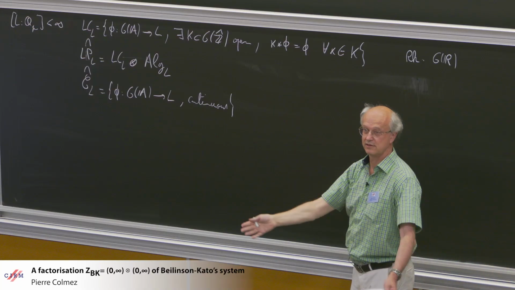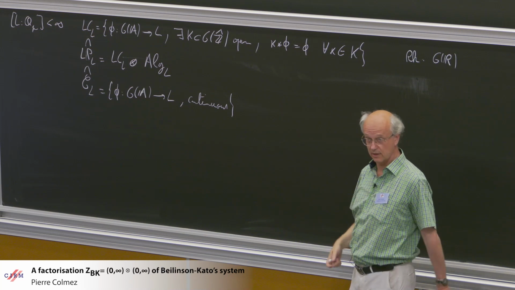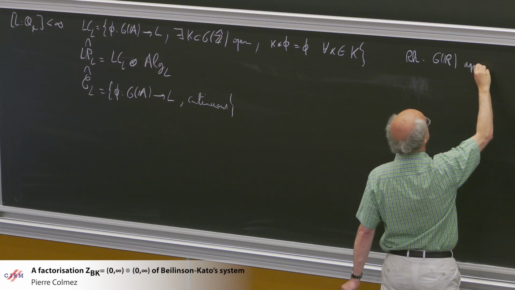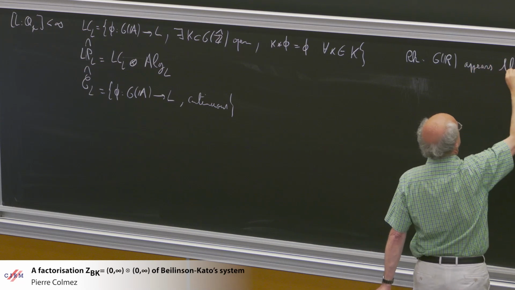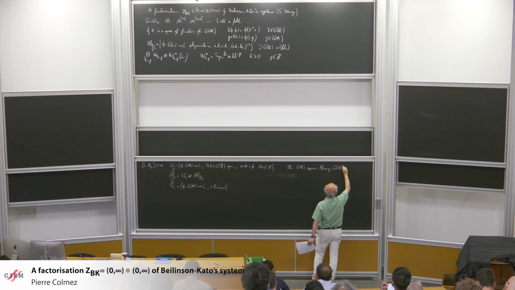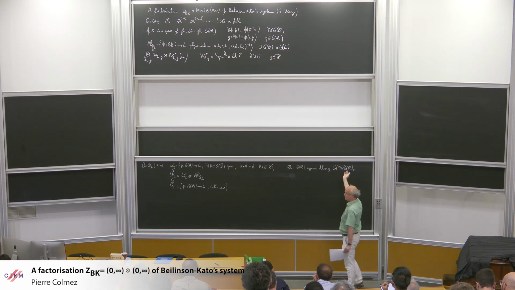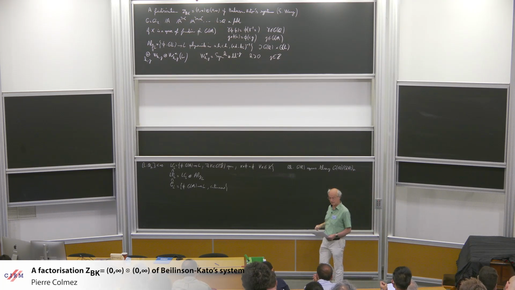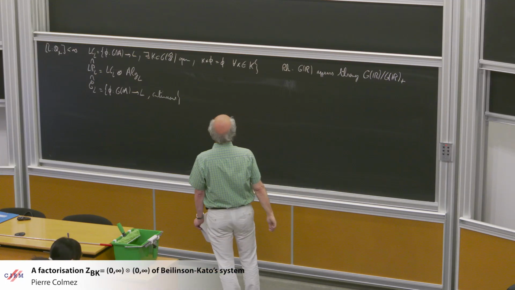And so a function has to be constant modulo G of R plus. So G of R appears through G of R mod G of R plus. So I could have replaced everywhere G of R by this finite set, but it's more symmetrical in this way.